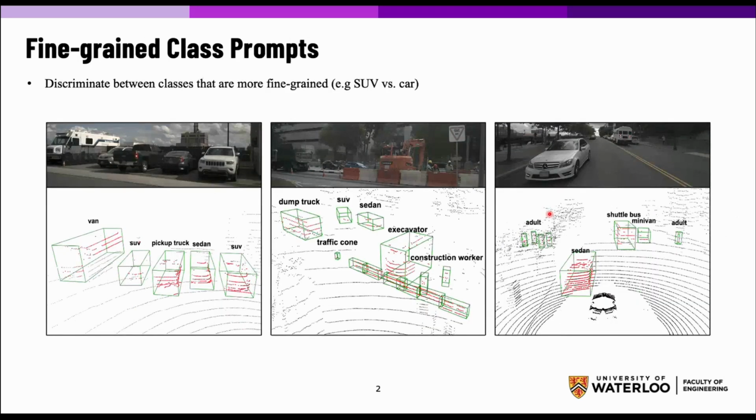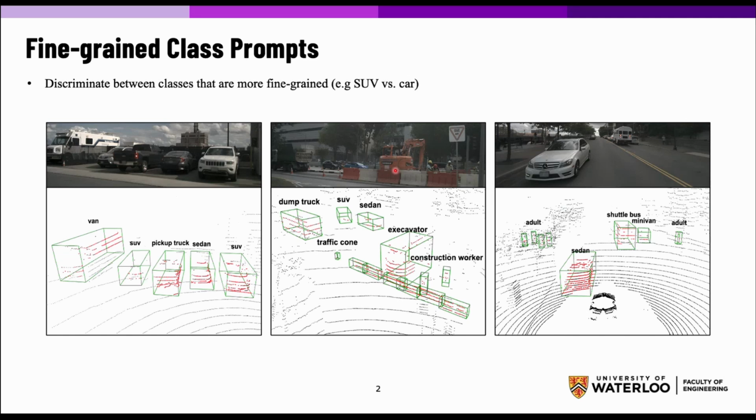And then I talked about being able to discriminate between classes at a fine-grained level. So before, in traditional object detection, we might label all of these as cars. But now we're able to distinguish that, yes, this is a pickup truck and this is a sedan and this is an SUV.